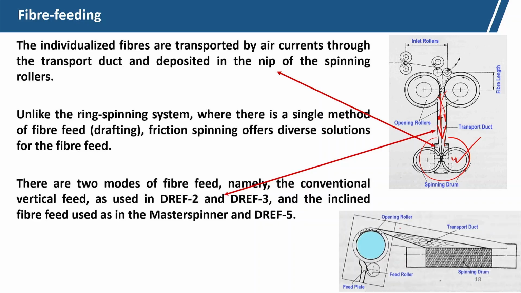And here this is the Dref 5 or master spinner system. So, both these systems feed the fibers in the inclined direction. This is inclined feeding that we have already mentioned.